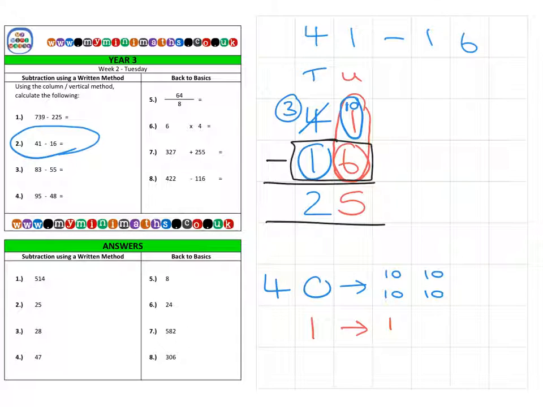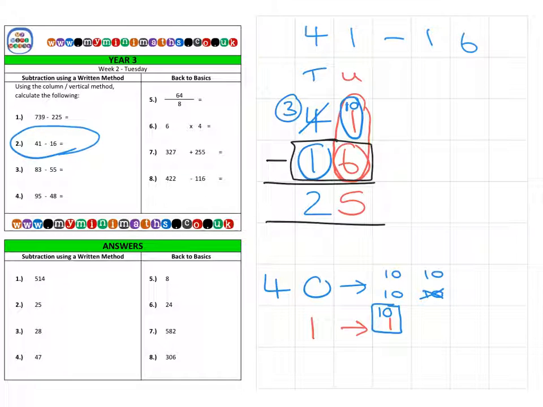Now, as we can see, we want to subtract the 16 here. So first of all, if we look at our units, I need to take away 6 away from the 1. But clearly I can't do that, I don't have enough. So what we can do is we can borrow one of these tens and place it with the unit to give us 11.